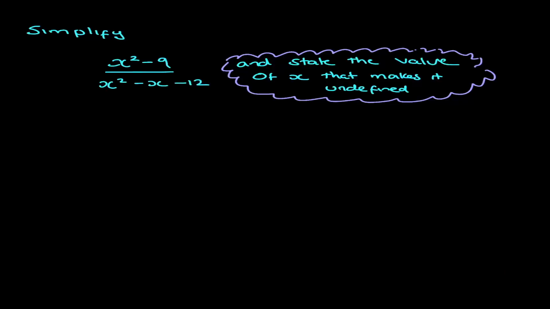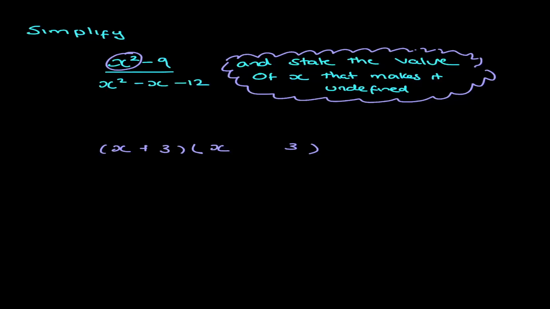With the numerator x squared take 9, we could do difference of two squares because we've got two square numbers. And when you've got two square numbers, you could factorize that by square rooting x squared, which is x, and then square rooting that 9, which is 3.